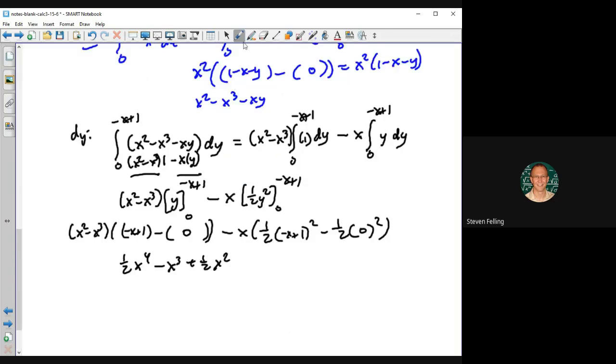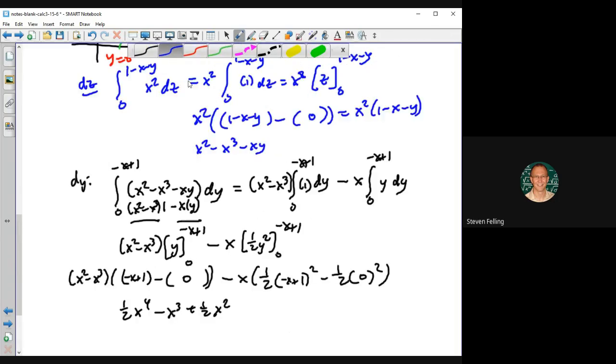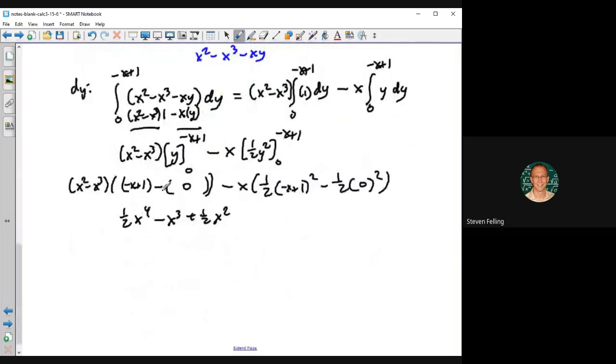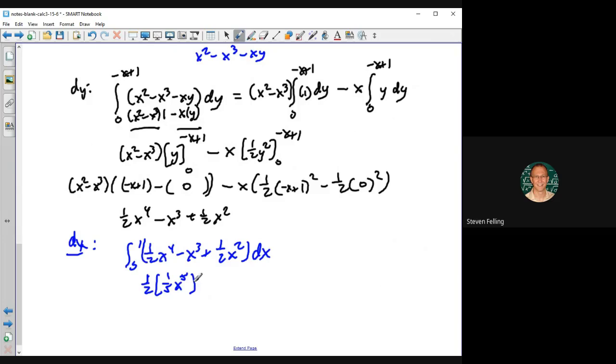And then we have one final integral to do, which is the dx integral from 0 to 1 of this. This is a standard single integral. Let me just do it all at once.